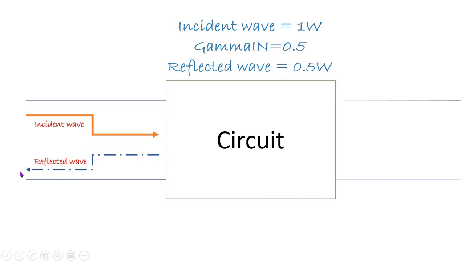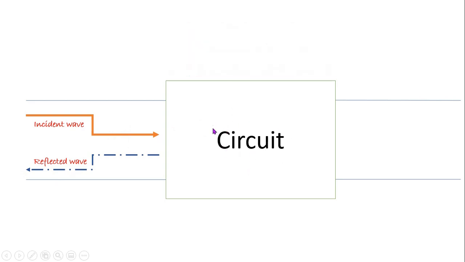Perfect. And the other half watt of power will be utilized by this circuit, and this circuit will use it as per its requirement and produce a transmitted wave. But see, we were using 1 watt of power, but we are getting only 0.5 of that power.